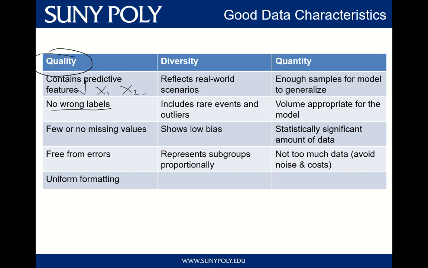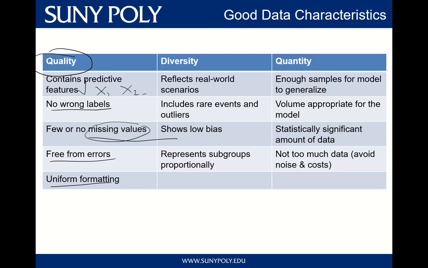Wrong labels, missing data, that's another problem, right? Missing values. And you need to do something with that because some algorithms won't work if you have missing data. So you want data that is free from errors and the format is clear.